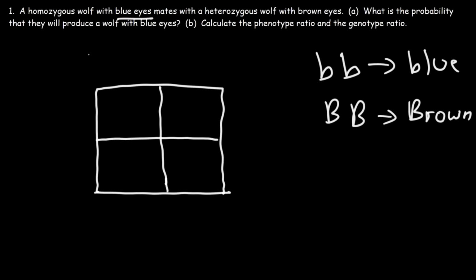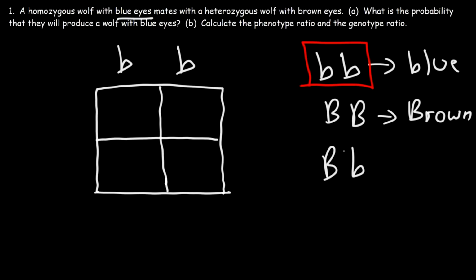So here we have a homozygous wolf with blue eyes. So therefore, that wolf has the genotype lowercase b, lowercase b, which I'm going to put here. Now the second wolf is a heterozygous wolf with brown eyes. So based on that information, what is the genotype of that wolf? So it's heterozygous, which means that it's going to have two different alleles, one capital, one lowercase, and it's still going to have brown eyes, since capital B is the dominant allele.